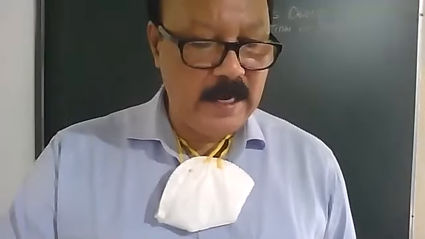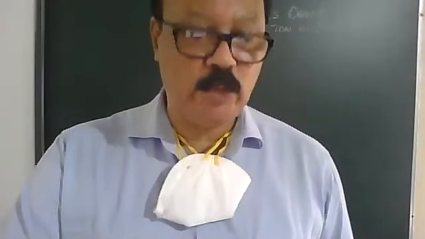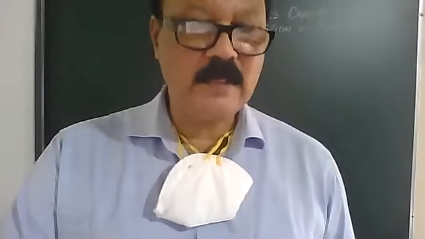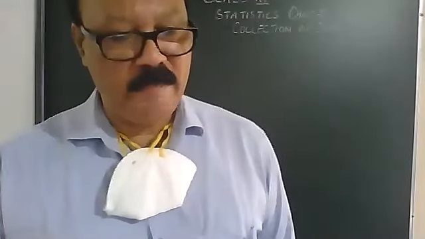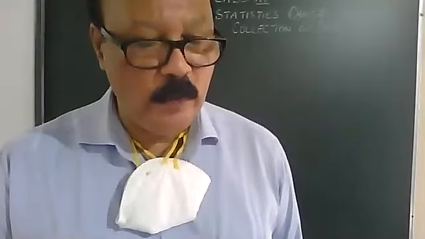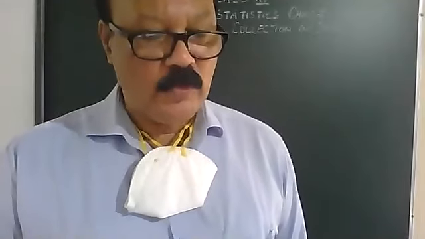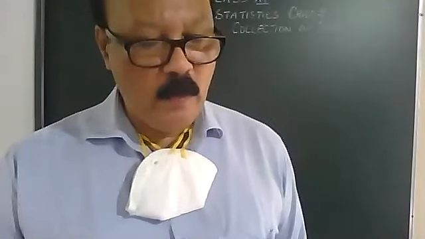Now suppose we select a sample of only 2 individuals, where X has a measurement of 500 and 600. The sample average would be 500 plus 600, which is 1100, divided by 2, you will get 550. So here the sampling error would be what?